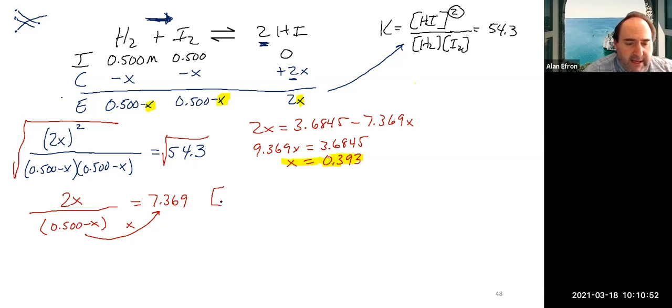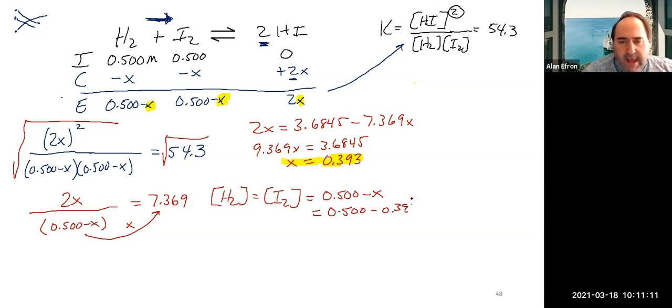The H2 concentration will equal the I2 concentration, and they both are 0.5 minus x, which means it is 0.5 minus 0.393.